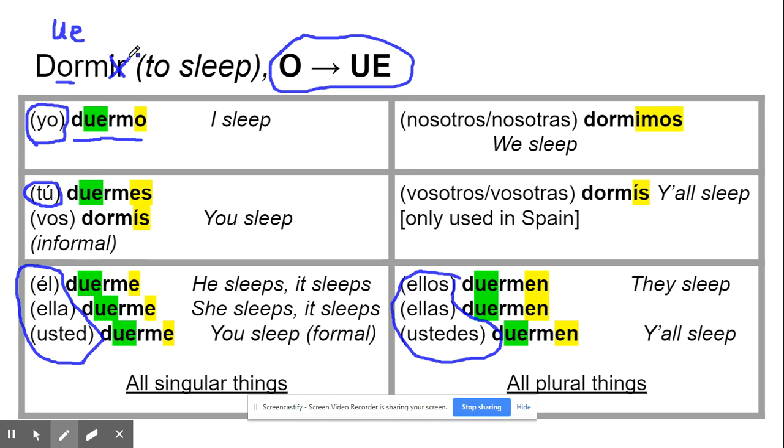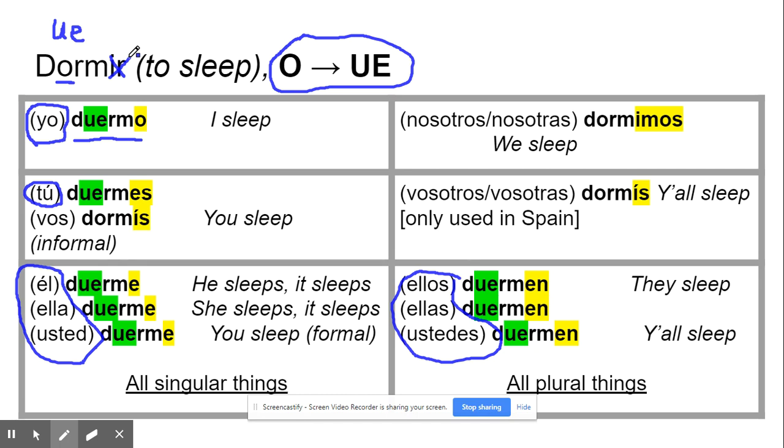All right? So the yo form, I sleep, would be yo duermo, and we see that stem change. O changed to UE. Same thing happens in our tú form. Tú duermes, that O changed to a UE, and I just added the regular tú ending, ES.